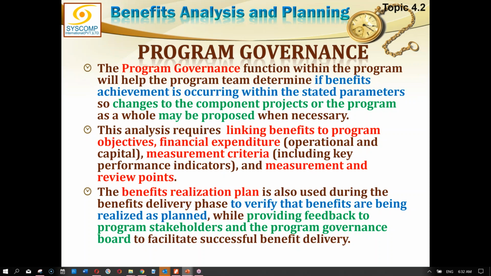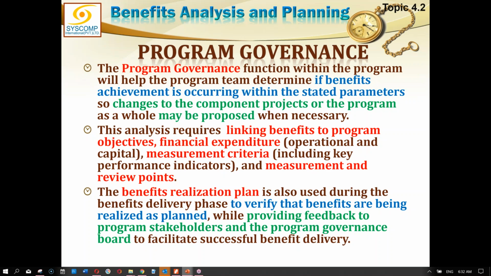And therefore program governance will tell us how the review points we described work. So what would be the review point? When we have completed one complete phase of a program, there has to be a gateway to pass from one program phase to another, and that would be defined as my review point.